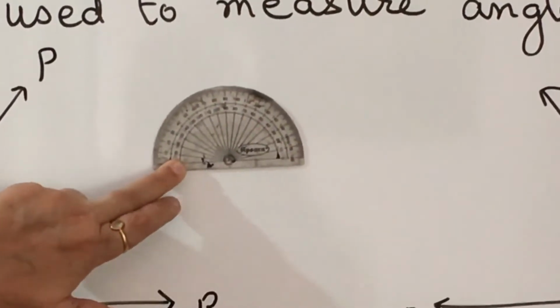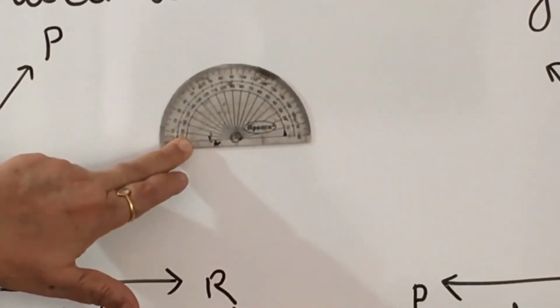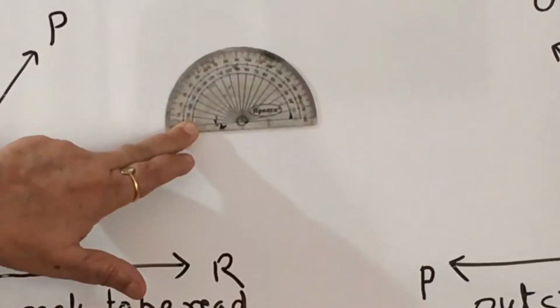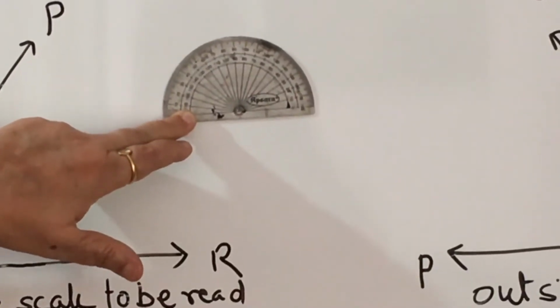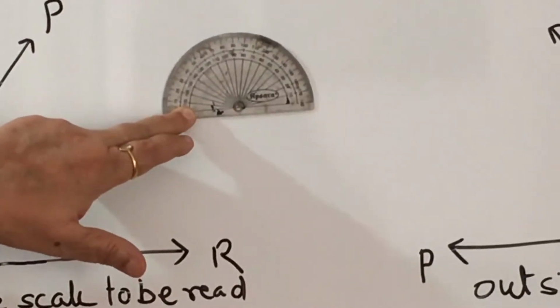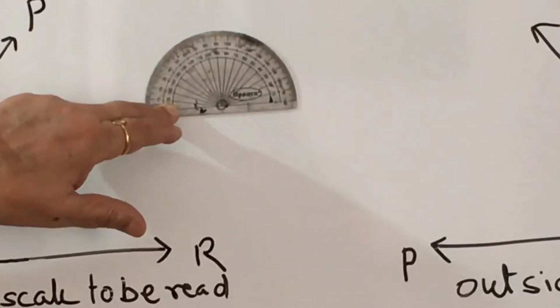It has two scales: the outside scale which runs from 0 degrees to 180 degrees in the clockwise direction, and the inner scale which runs from 0 degrees to 180 degrees in the anti-clockwise direction.